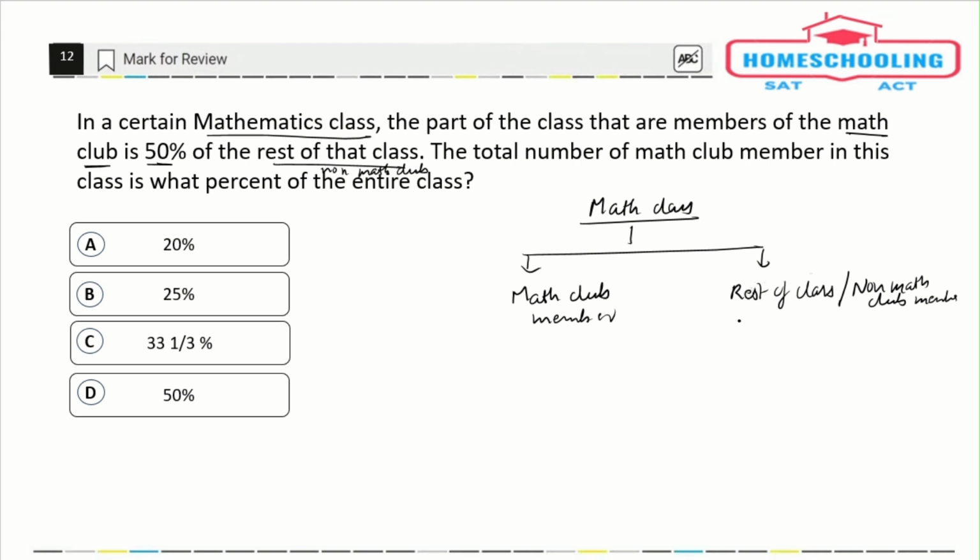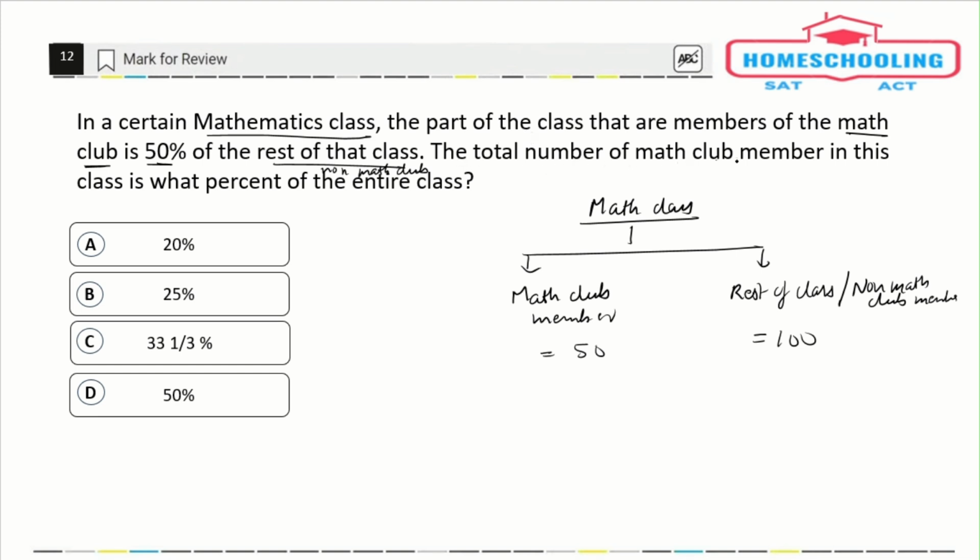Let's take the rest of the class as any number, say 100. And in the question it is said that the part of the class that are members of the maths club is 50% of the rest of the class. So 50% of 100 would be how much? This one would be 50.